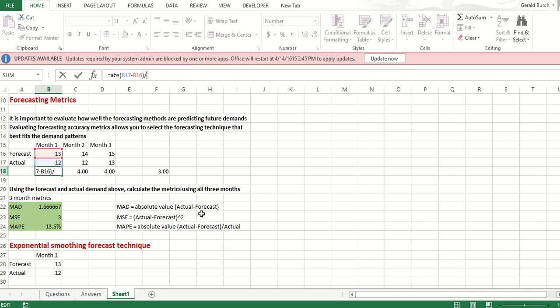So if we take and divide by the actual forecast, I'm going to switch this over to a percentage. What we can see is that we have a deviation in our actual from forecast that's in a percentage.